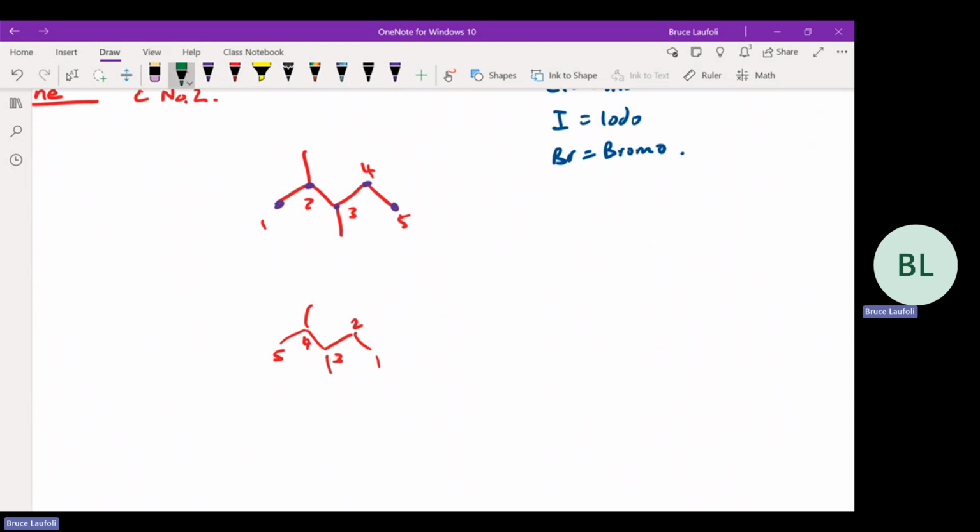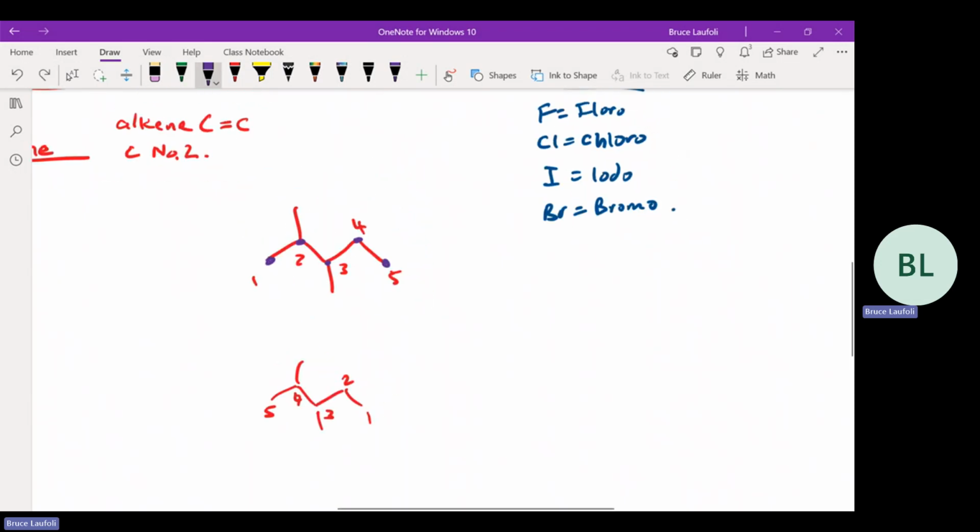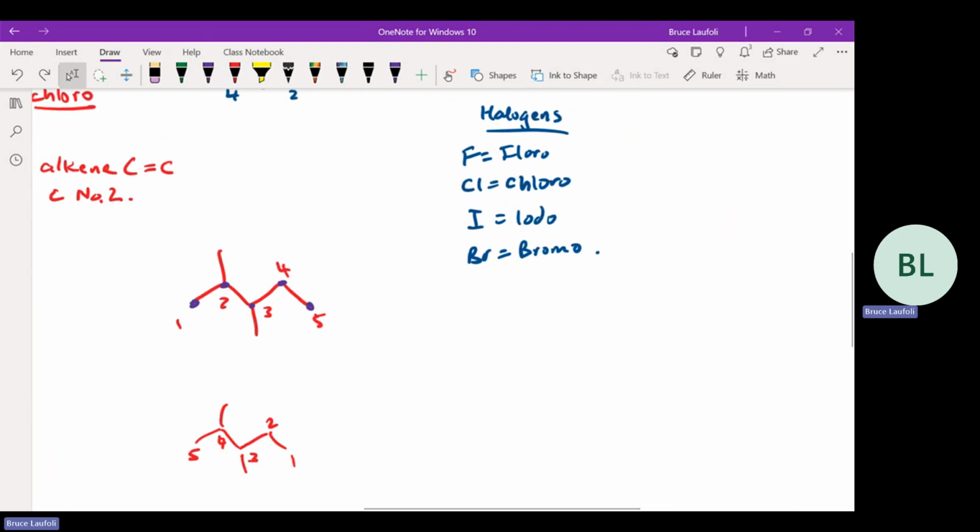In the top case, we have a 2 versus 2, 3. And going from right to left, we have a 3 versus 4. So 2, 3 is obviously less than 3 and 4 overall. And so this one is the proper way of counting the longest chain.